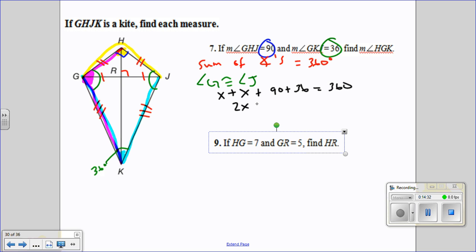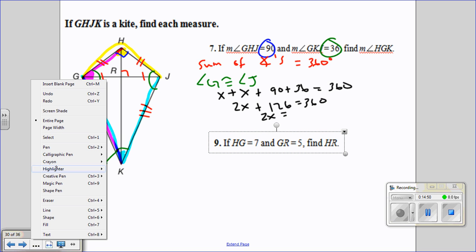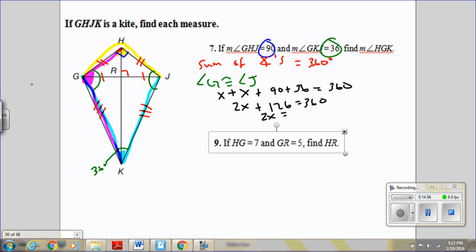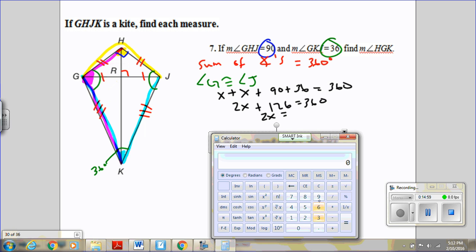So that's 2x plus 126 is equal to 360. Subtract 126, you would have 2x is equal to 234, and then divide by 2, you get 117.